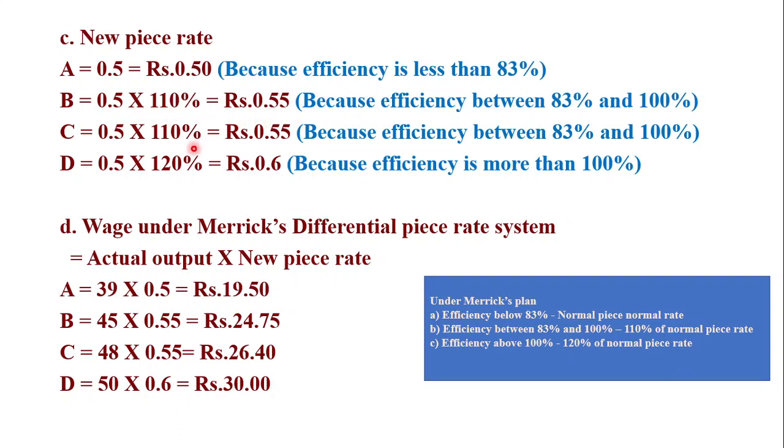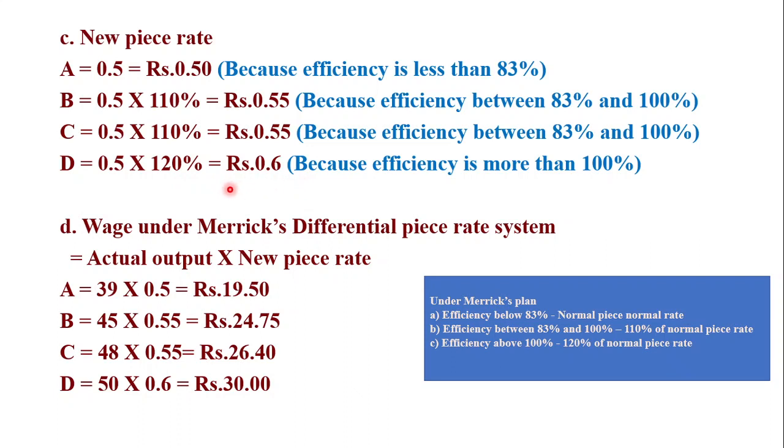And C's efficiency is exactly 100, which lies between 83 to 100, so 110% of piece rate. 0.5 into 110%, 0.55. And D's efficiency is more than 100%, so 120% of the normal piece rate. 0.5 into 120% means 0.6.